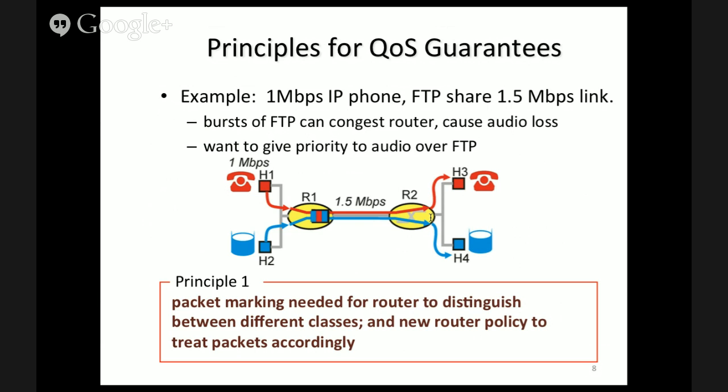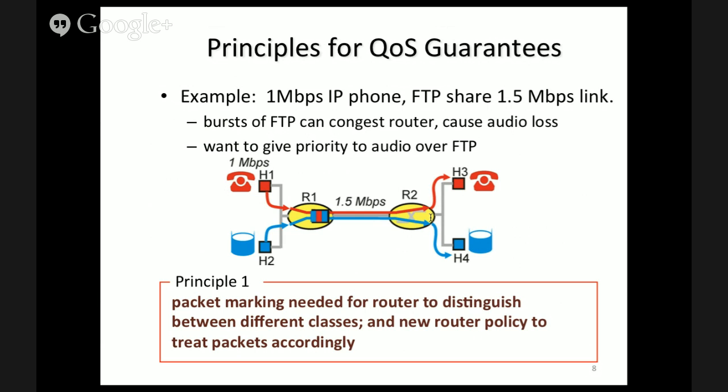So the first principle is that if we want to somehow differentiate between the 2 flows, we need to be able to distinguish them, which seems obvious, but it's actually not so obvious in the IP world. So what we need is some form of packet marking.